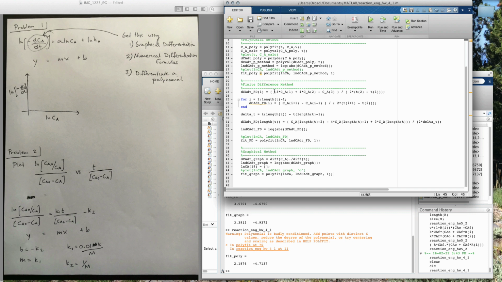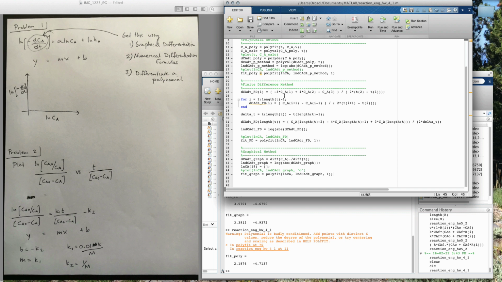And so I just wrote a loop to go through. The formulas are different for the first one and the last one, and then the middle calculations are all the same. So I did the first calculation, so I have dCA dt using finite difference, and this is the first point in my array.